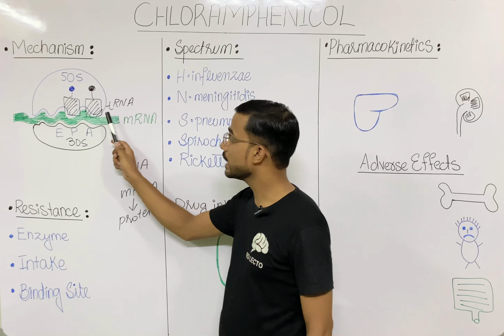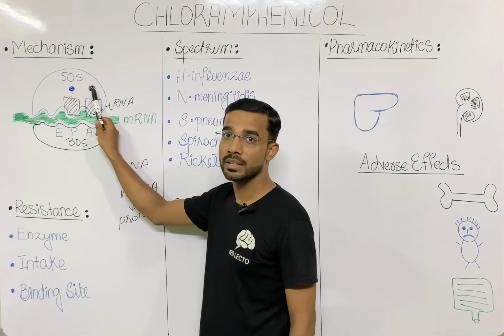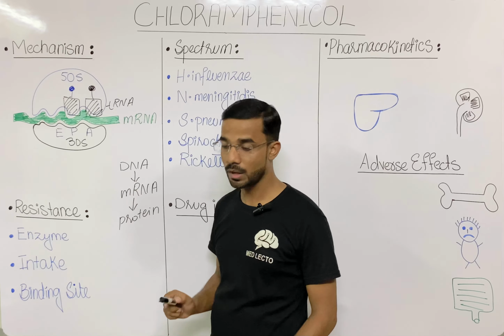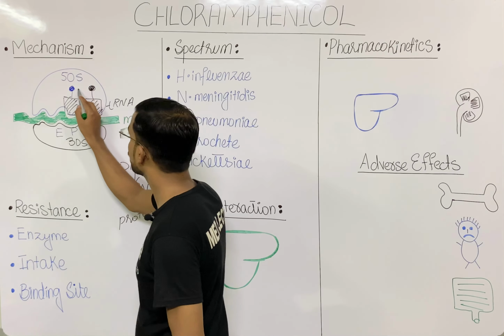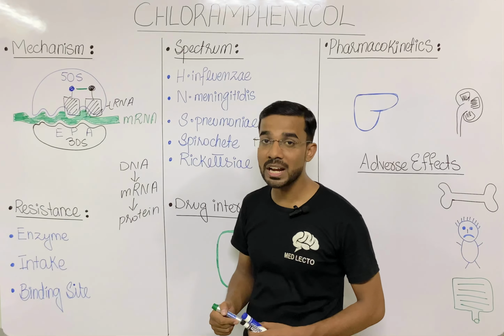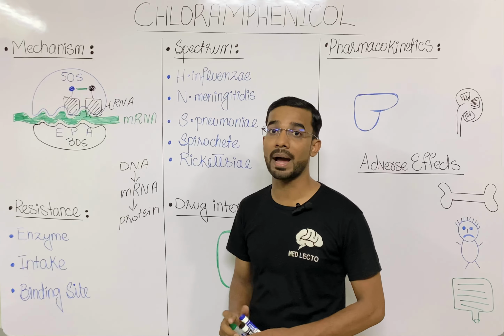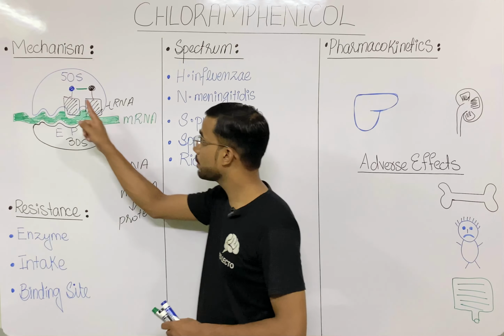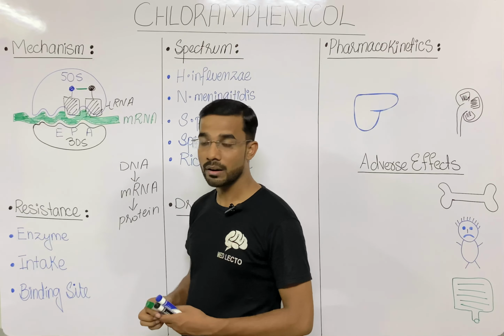After that you will see bond formation between the different amino acids. Here is the bond formation. This bond formation between the amino acids is done by an important ribozyme that is present in the 50S ribosomal unit.